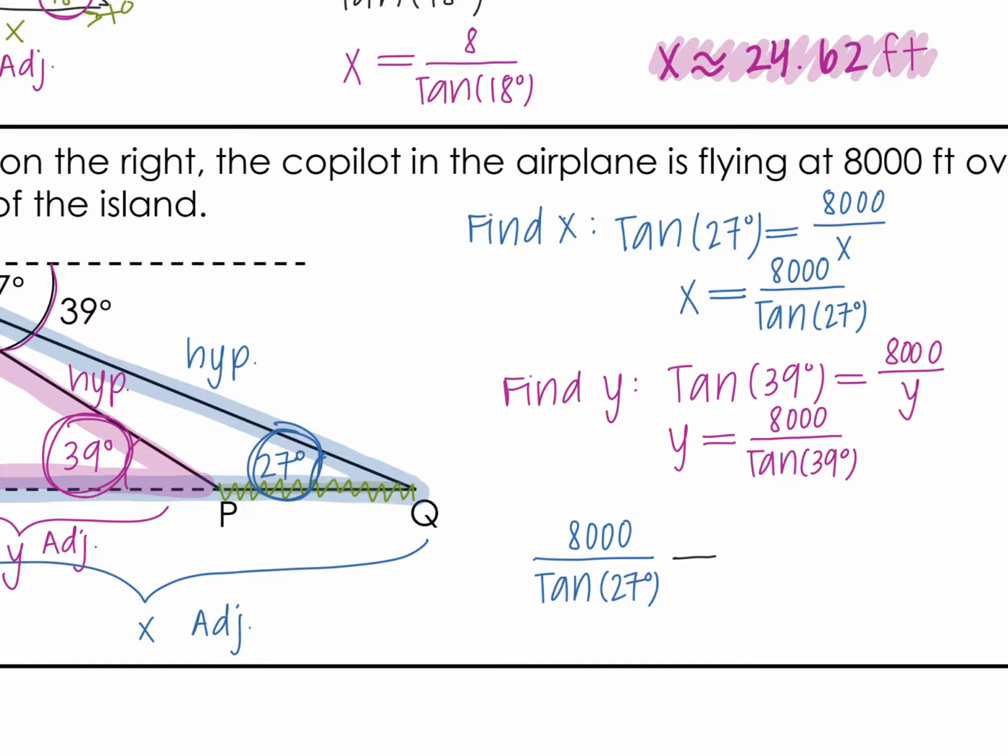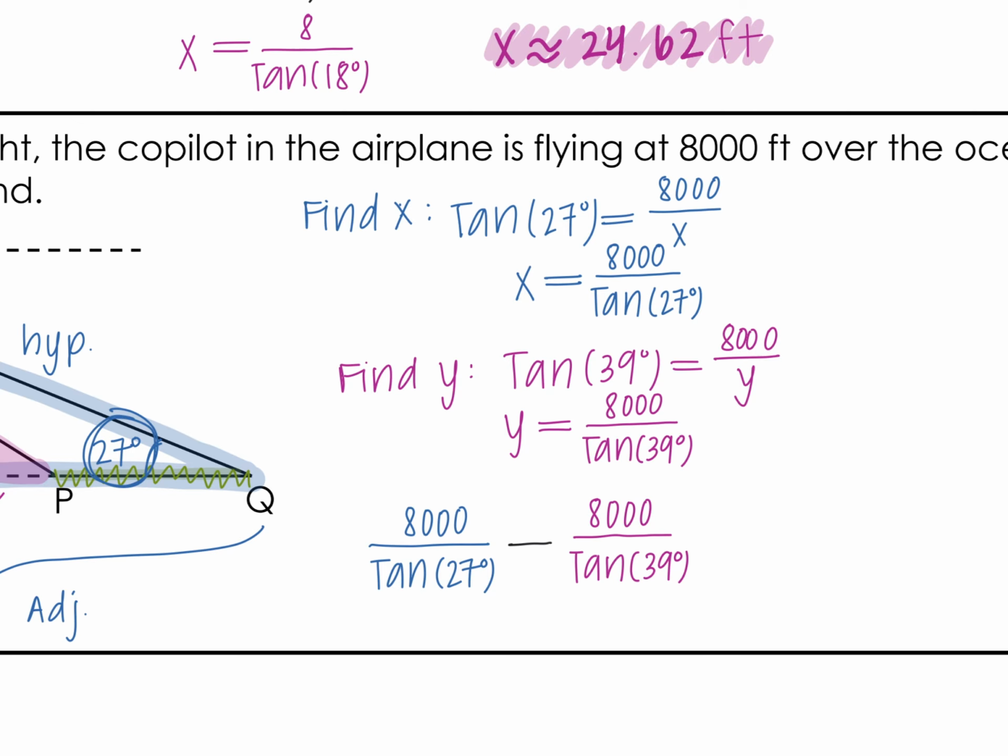So I'm going to subtract that y, that 8,000 divided by my tangent of 39 degrees. And this right here is what I need to plug into my calculator to get my final answer. So give me 1 second. Let me plug this in.